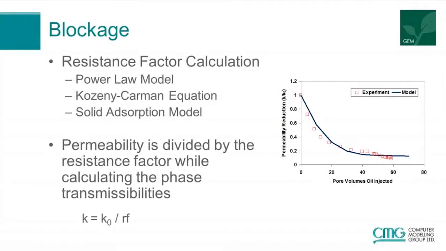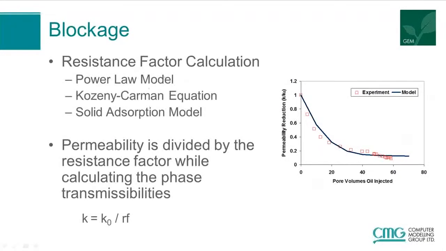When asphaltene or any solid phase is deposited in the reservoir, the permeability of the reservoir is affected. In GEM, we have different models such as power law, Kozeny-Karman, and the solid adsorption model to capture the permeability reduction by the deposition of the solid.